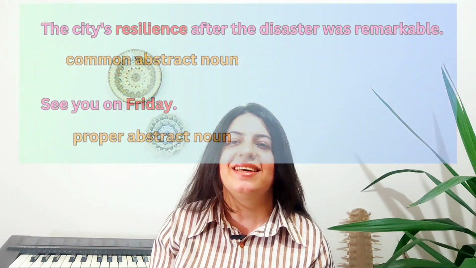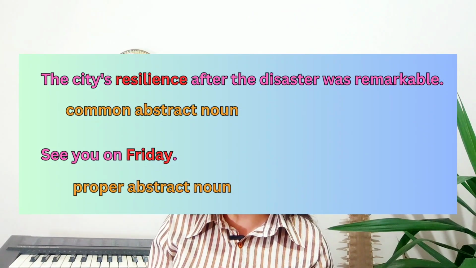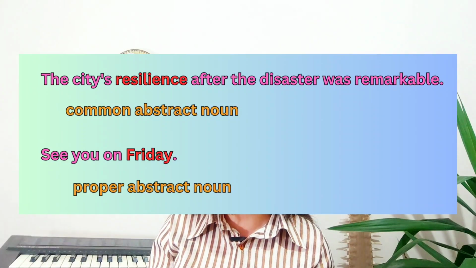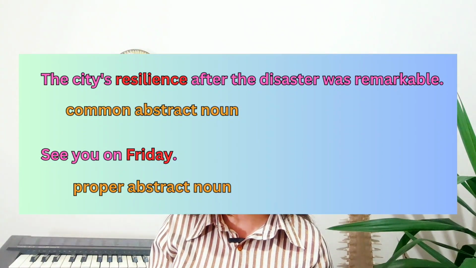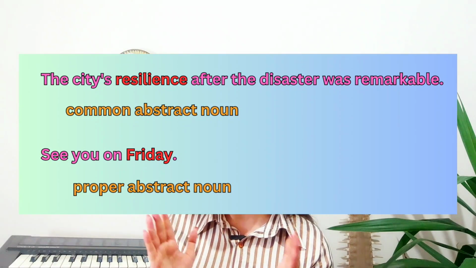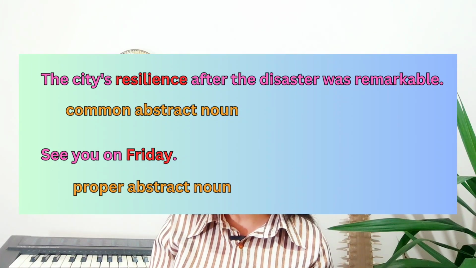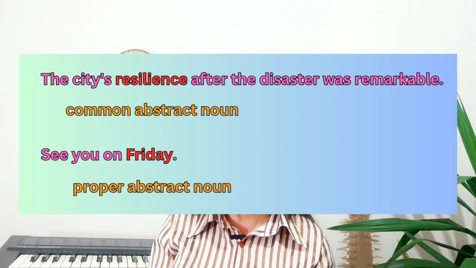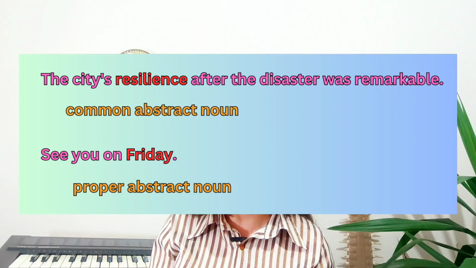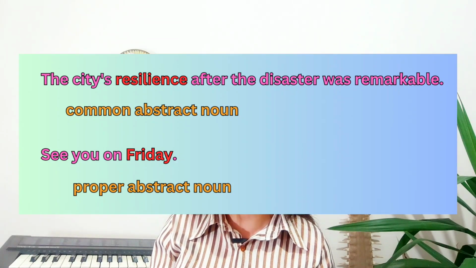Abstract nouns are generally common, but specific instances may be proper. The city's resilience after the disaster was remarkable. Common abstract noun, resilience. See you on Friday. Proper abstract noun, Friday.